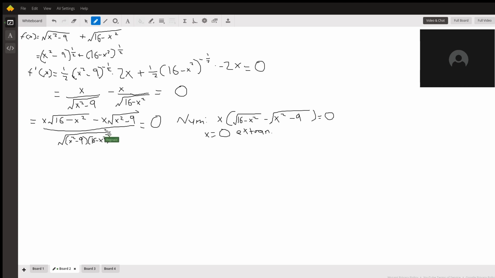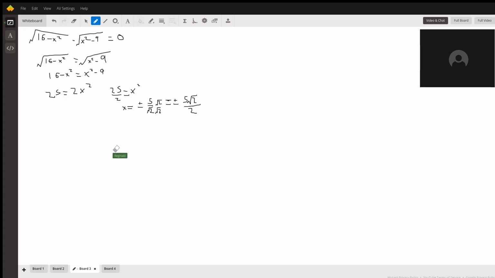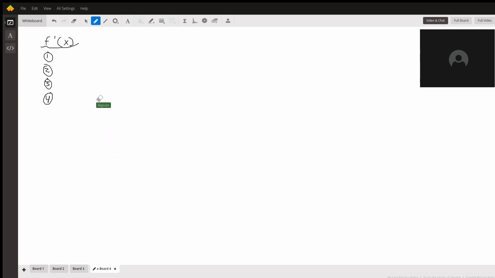We get a positive number. So interval 1 comes out to be a positive number. According to the analytical method, this comes out to be increasing.